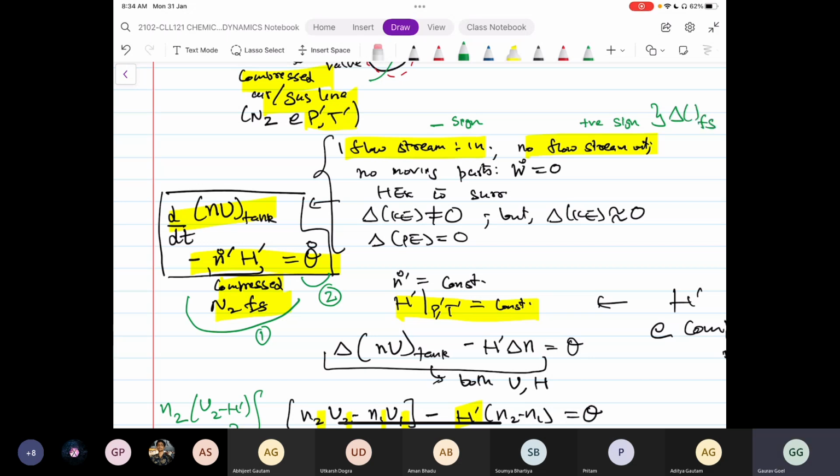Delta was the net flow out of anything: net flow out of mass in the continuity equation, net flow out of energy in the general energy balance. Therefore you are getting a minus sign in the final expression.